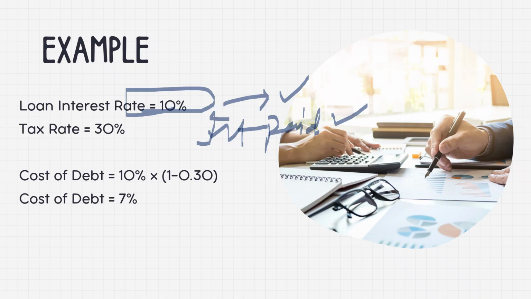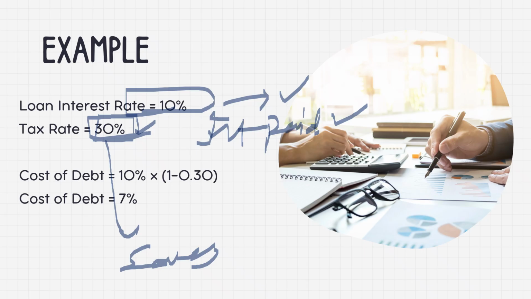Now here we have a tax rate of 30%. So when the company pays interest, it actually saves 30% on its interest amount.